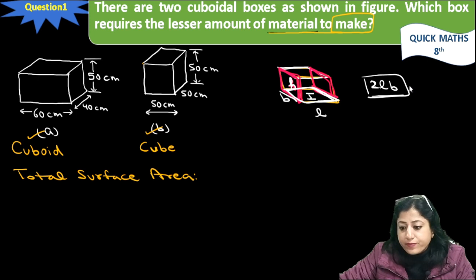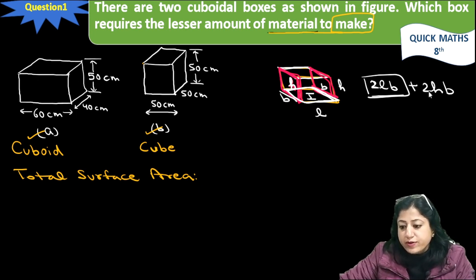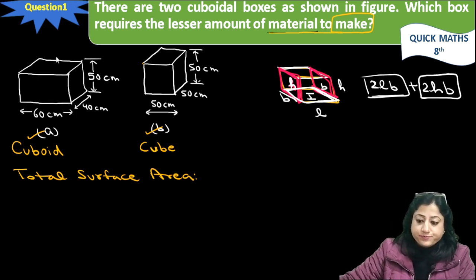So it will be HB, height into breadth. This is also height and this is breadth. So it will be 2HB for two opposite similar faces.